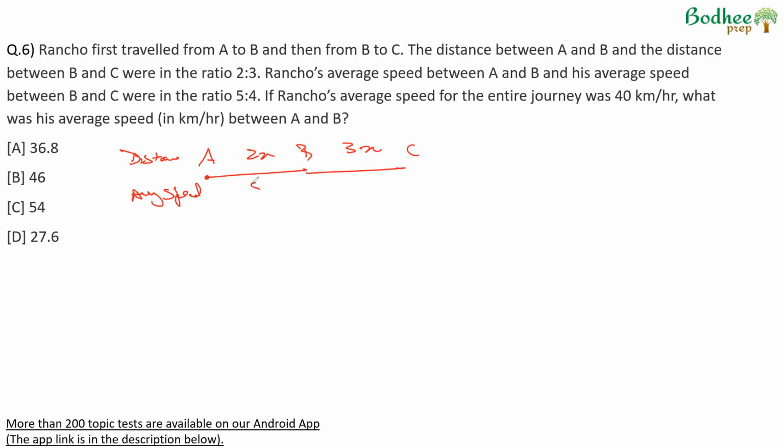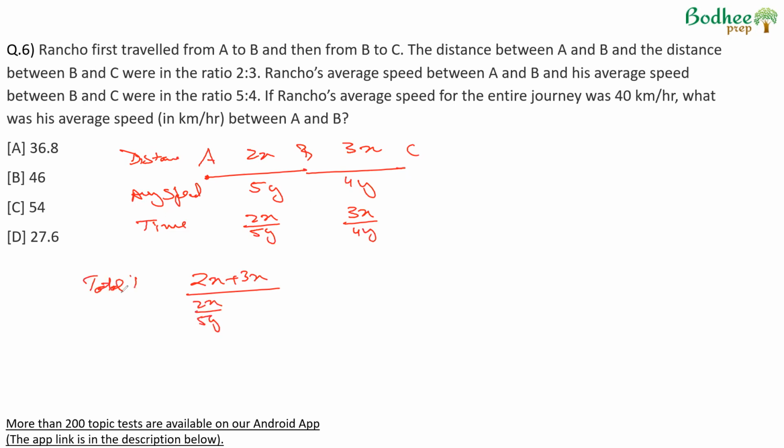So let the average speeds be 5y and 4y. Rancho's average speed for the entire journey is 40. Now, time taken for A to B can be written as distance upon speed. Time taken for B to C will be distance upon speed. And therefore, overall average speed will be total distance upon total time.